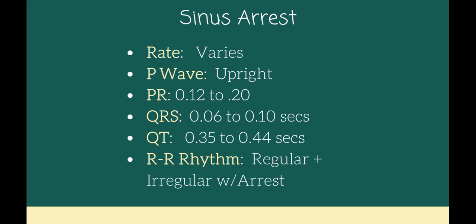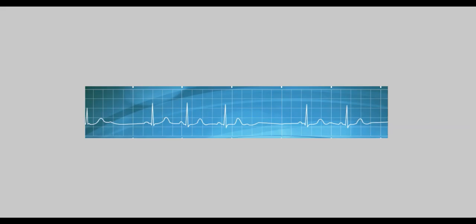The PR, QRS, and QT will remain the same, and the R to R is also going to vary. So sometimes it'll be regular, and then there are times with the pause, with the arrest, that it's going to be irregular. So this one would be sinus rhythm with arrest.